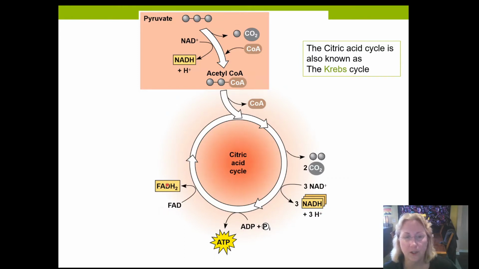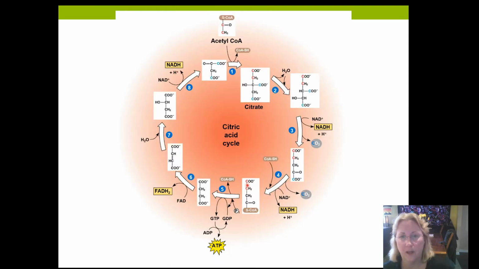We are also going to generate some FADH2. So remember, FAD is another electron carrier just like NAD+, but it can grab electrons that are lower in energy, but still have some energy. They just enter the electron transport chain at a lower energy level. And then we're going to make a small amount of ATP also.